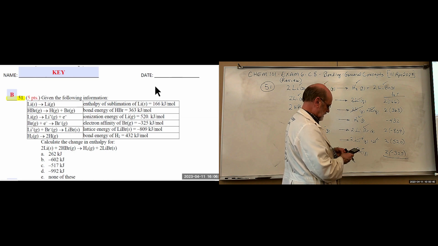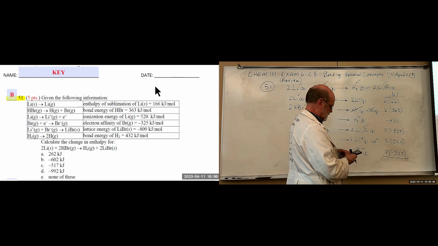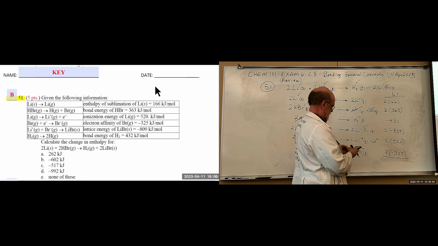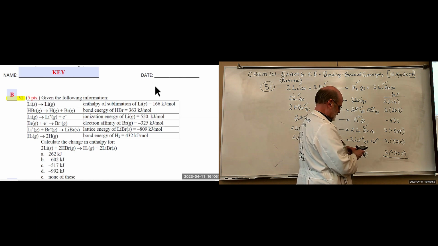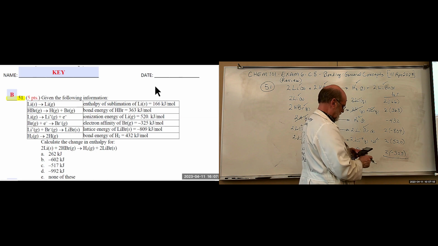So 166 times 2, 363 times 2, and add those together, then 432 subtract, and 809 enter times 2, subtract that, and then 520 enter times 2, add that, and 325 enter 2 times and subtract that.